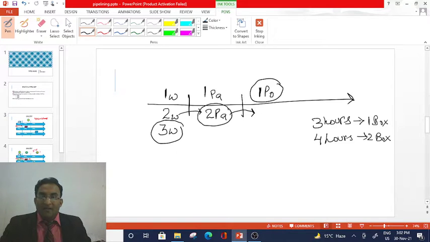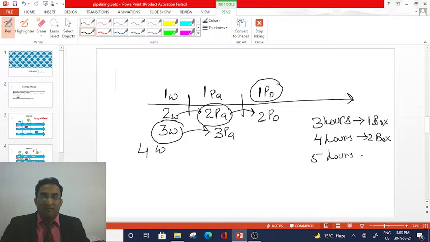When the second box goes for the polishing, the third box comes for the painting, and in the assembly line, the fourth box enters for the welding. So in the fifth hour, the job of painting the third box is completed and it will be shifted to the polishing.